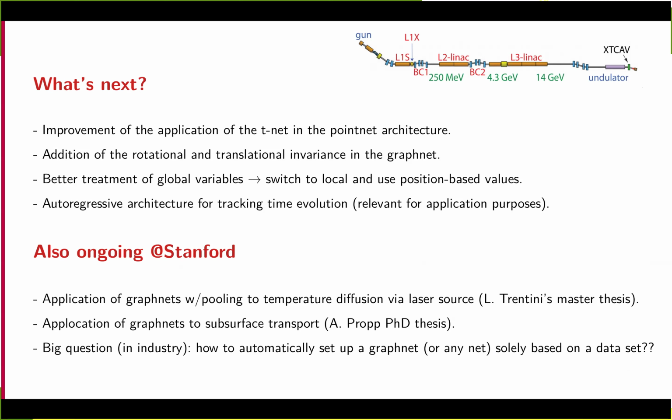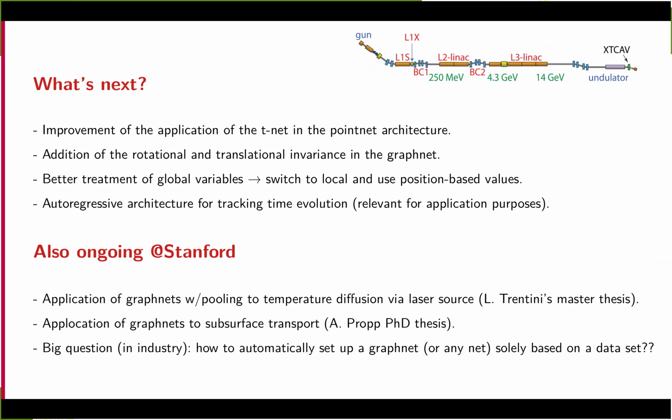We're working on better pooling approaches, as I mentioned at the beginning, that take into account information in latent space, so select nodes in latent space that carry more information, but at the same time keep the graph well connected. And we're also considering graph nets in the context of DEC, so discrete exterior calculus, applied to subsurface transport.